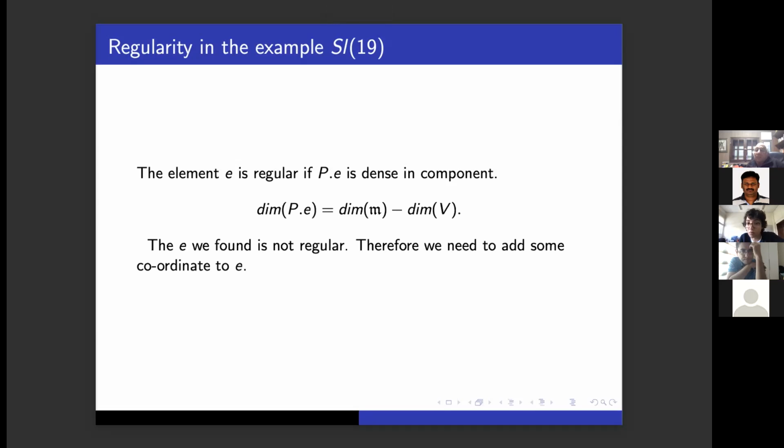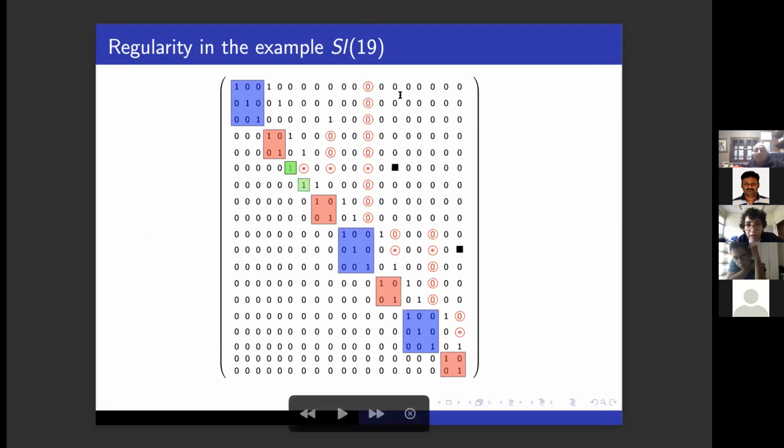Therefore, in hope of having an orbital variety, I will add some coordinates to E to fill whatever I'm missing. So I will add these two boxes in black. This is not randomly chosen.